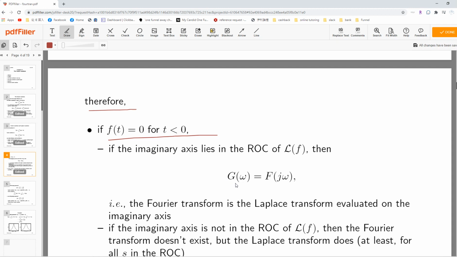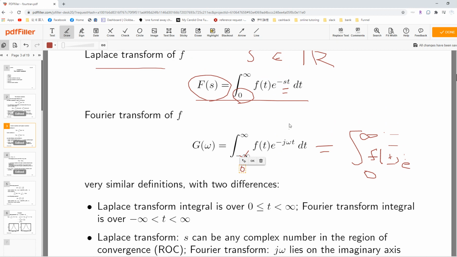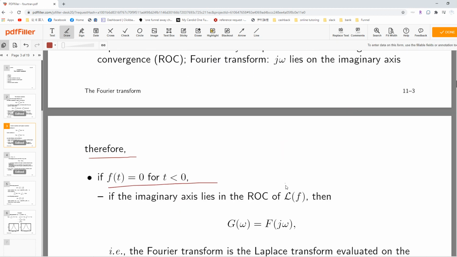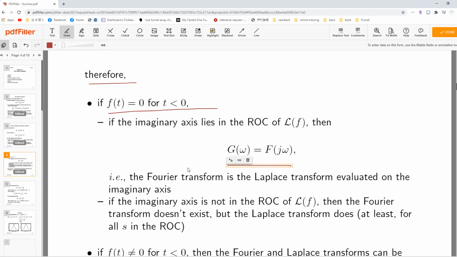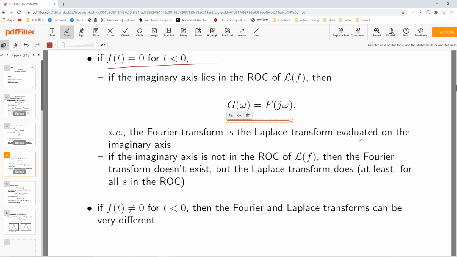In this case, your G of omega just equals F of j omega, because you replace the small s with j omega. So the Fourier transform is the Laplace transform evaluated on imaginary s. Yeah, so this is really easy.